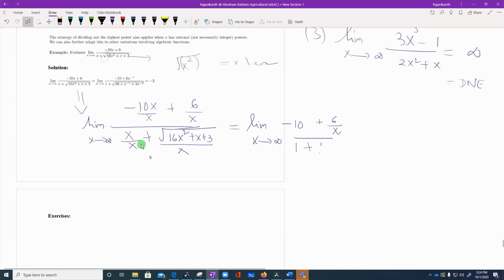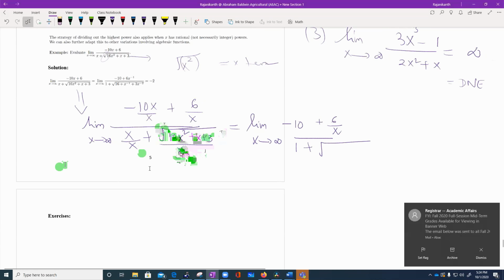Now the catch is, how are you going to divide this inside function by x? Remember, the inside function has a square root, but this x doesn't. So I want to make this also a square root to match up with the other square root.